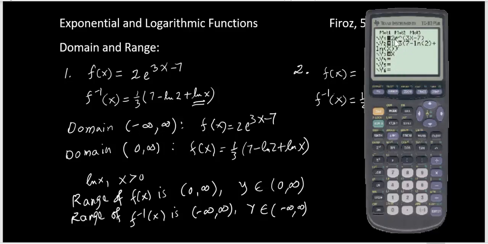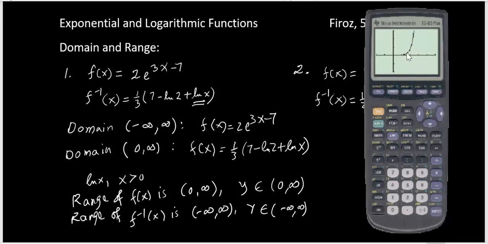So first I will check 2 e to the 3x minus 7. So let me deselect the other functions like the second one. So hit enter on this, keeping the pointer, and then the next one also enter. So in this case you will see a graph only on the top one. So look at this graph.